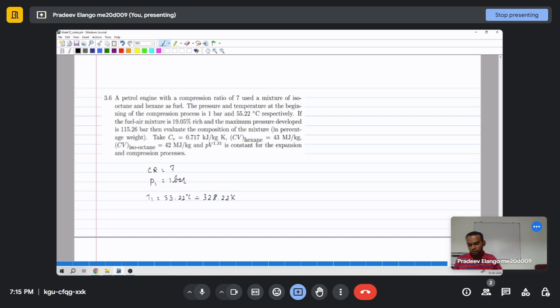The fuel air mixture is 19.05% rich, so FAR is 0.1905, and the maximum pressure developed, P3, is 115.26 bar. Then evaluate the composition of the mixture in percentage weight.